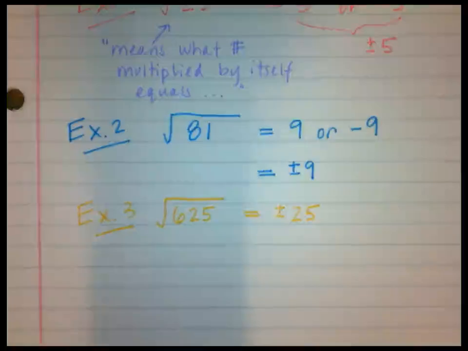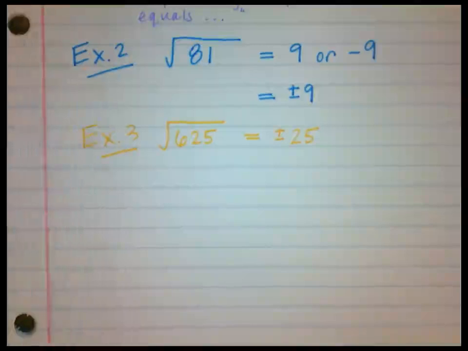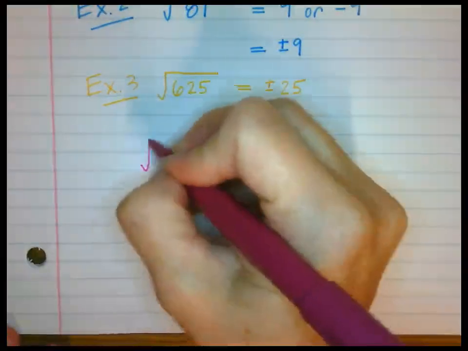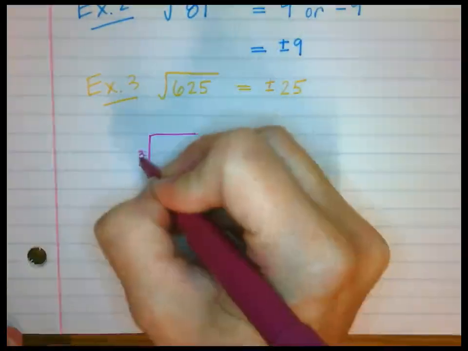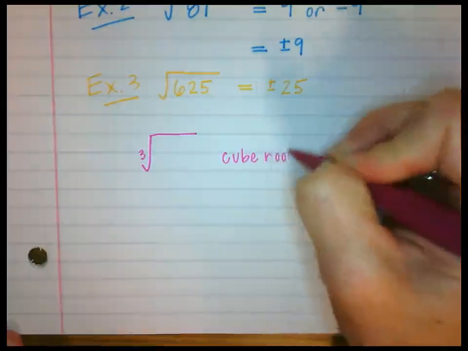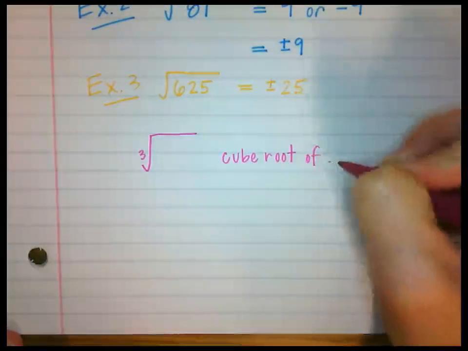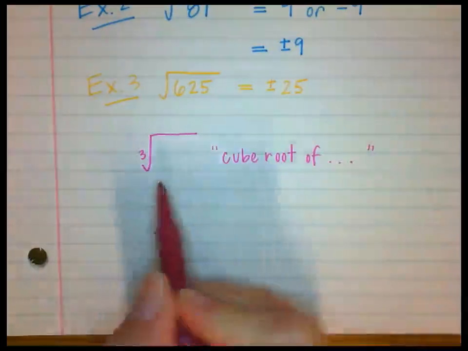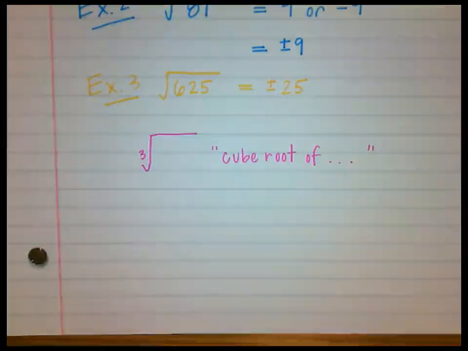Cube roots are similar, except we are going to have something that shows that we don't want the square root of something, we want the cube root. So this is how we write the cube root of a number. So this is going to be the cube root of whatever number is inside.